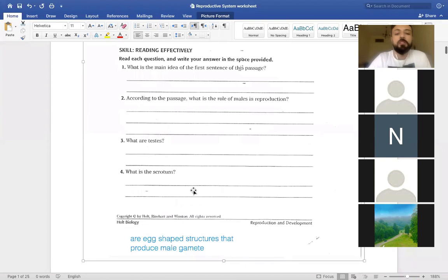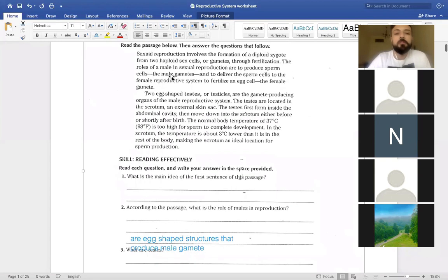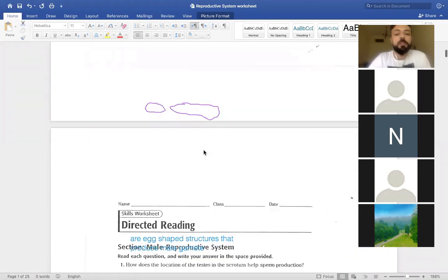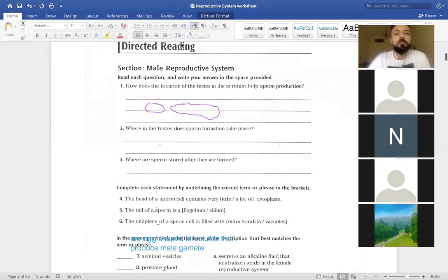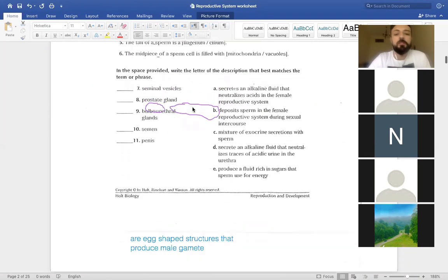So number 4 is external skin sac. I'll underline the answer. Okay, so external skin sac. That's the scrotum. That's concerning the paragraph. Next question. I think we answered this. We answered the whole page. We did this page. Yeah, the whole page. Great.